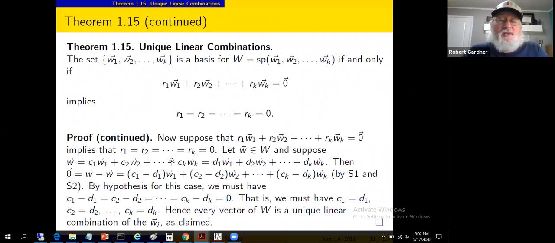So these two different representations weren't different after all. Turns out they're the same because there is but one way to represent a vector W in this set of vectors, capital W. Unique way to represent it, that means it's a basis, because by our current definition, that's what a basis is.